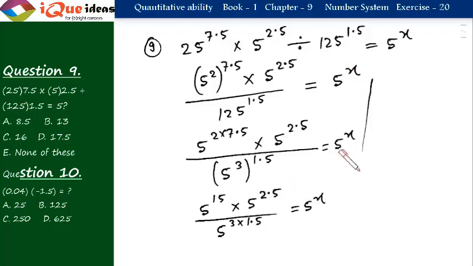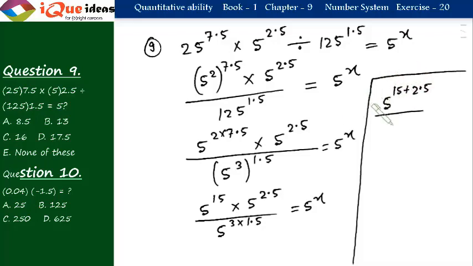Now from here what we can do, in the numerator powers will get added, so it becomes 5 raised to the power 15 plus 2.5, and in the denominator we have 5 raised to the power 3 into 1.5 is 4.5, and that is equal to 5 raised to the power x. Now in the numerator it will become 5 raised to the power 15 plus 2.5, that is 17.5, and in the denominator 5 raised to the power 4.5 is equal to 5 raised to the power x.